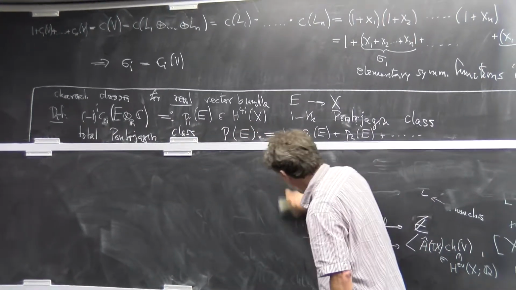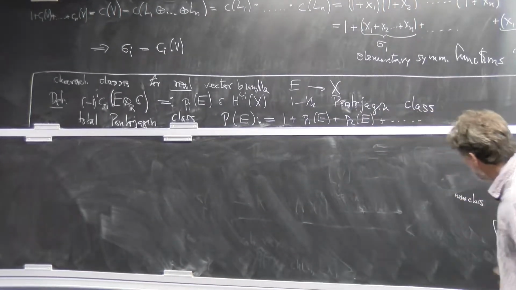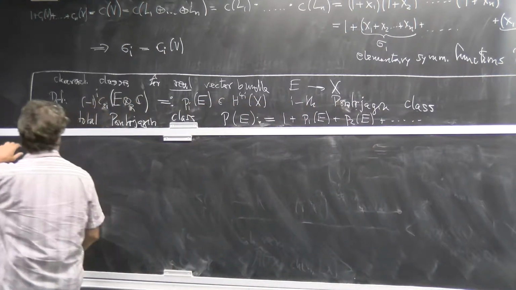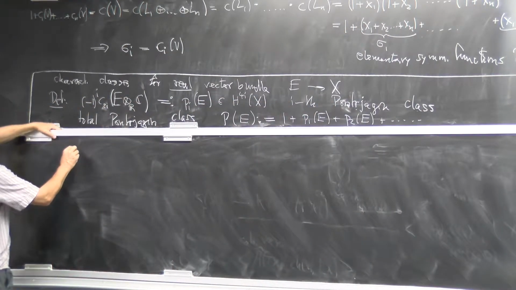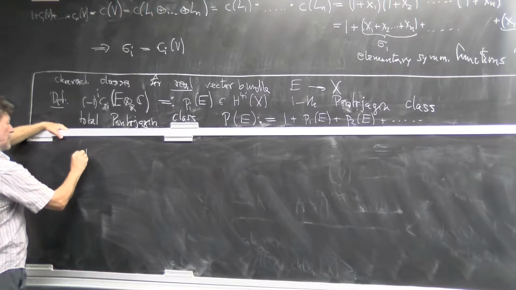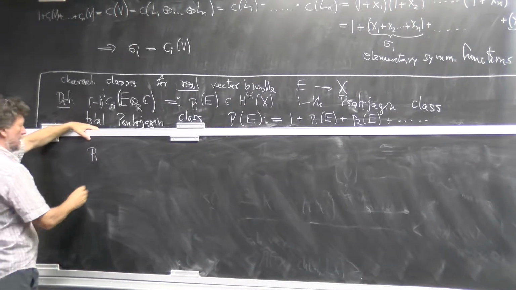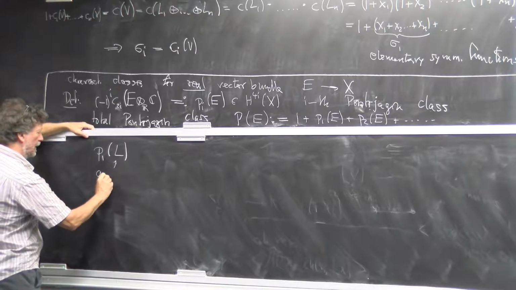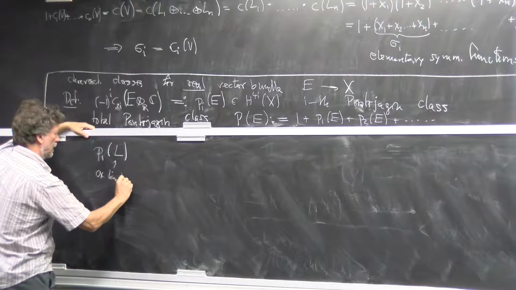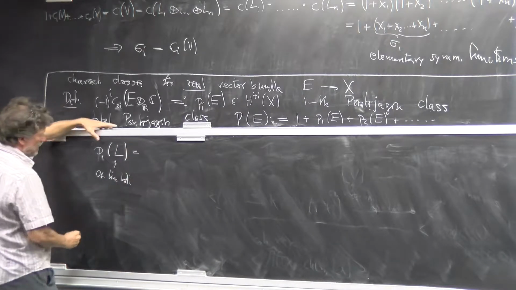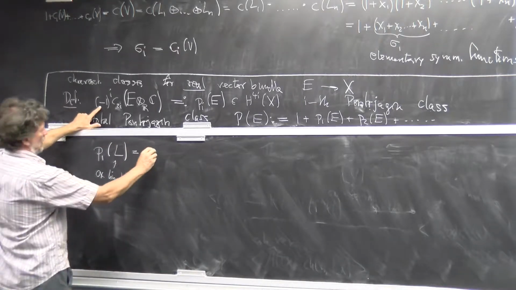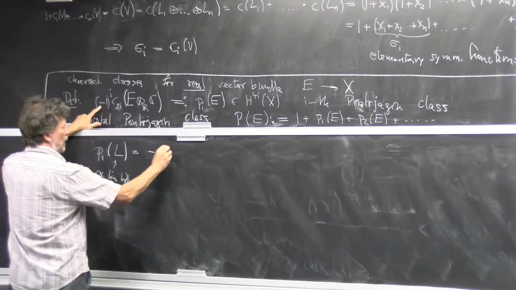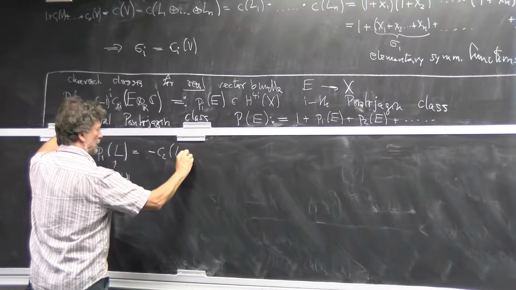So to show you that the minus sign helps, let me calculate what the first Pontryagin class is for a line bundle. So L is a complex line bundle. By definition, this is the second Chern class, but with a minus sign, of the complexification of this line bundle.